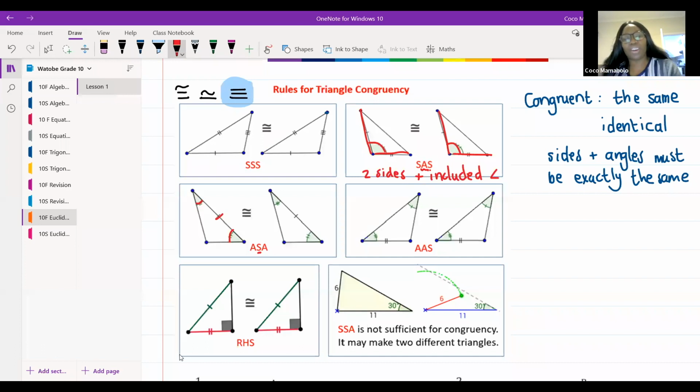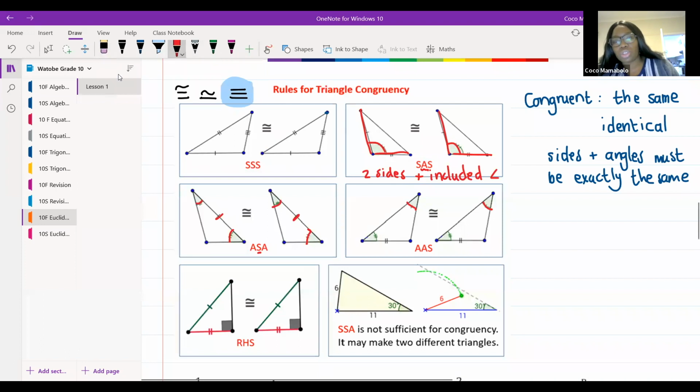Okay, so for congruency, I need angle, and the included side. Again, we can also have angle, side, and also over here, angle, and side. Now, watch how it says this angle is the same as this angle, and the side touching the 2 of them is exactly the same.